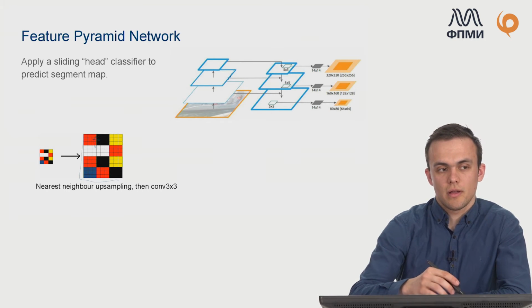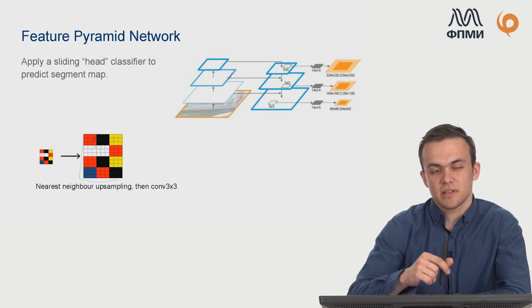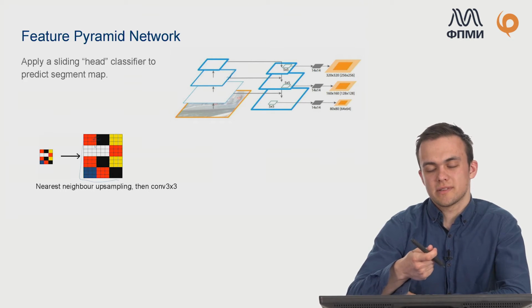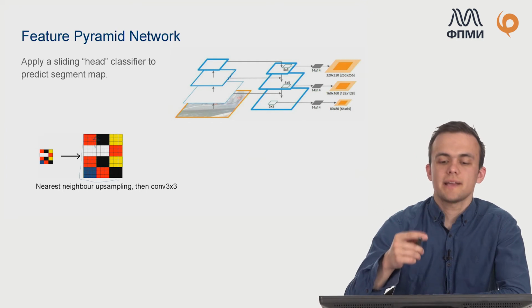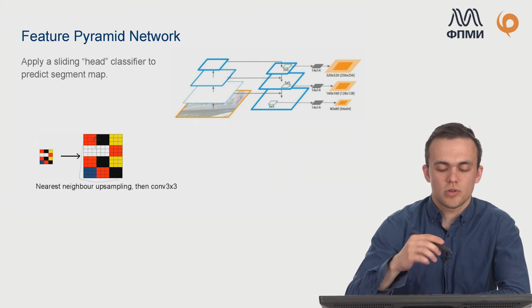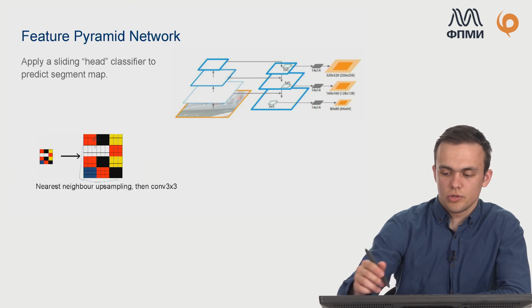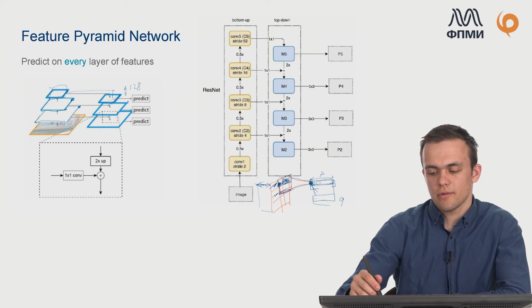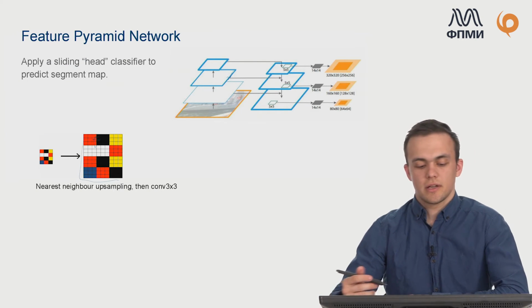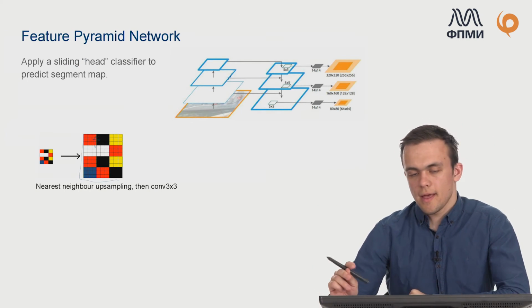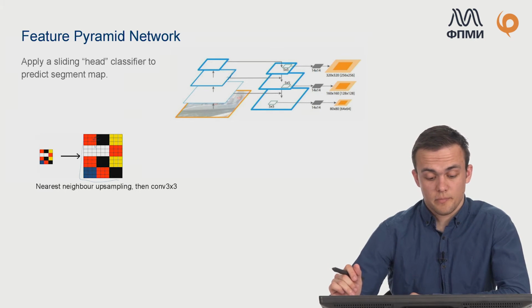The result will be similar to transposed convolution, but it's a nice practice to test what will be better: nearest neighbor upsampling, or transposed convolution without a convolution after that. It's quite an interesting question.